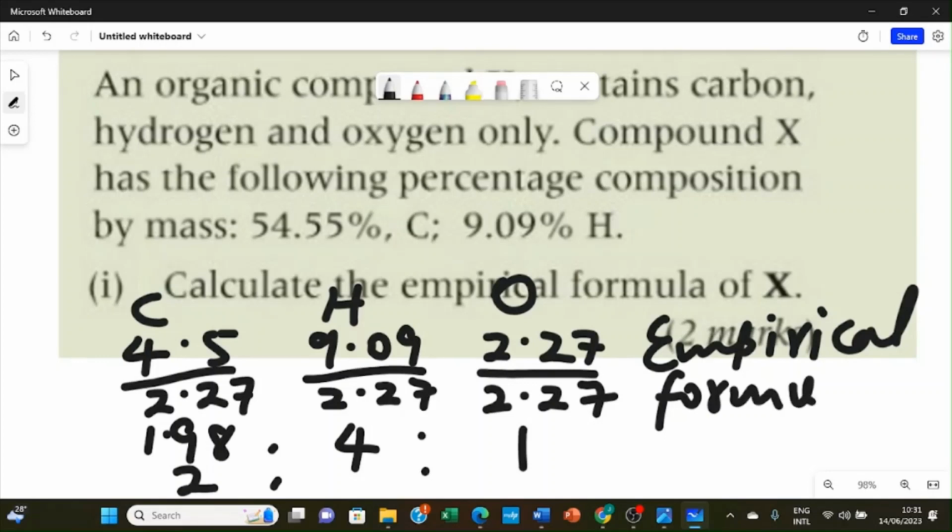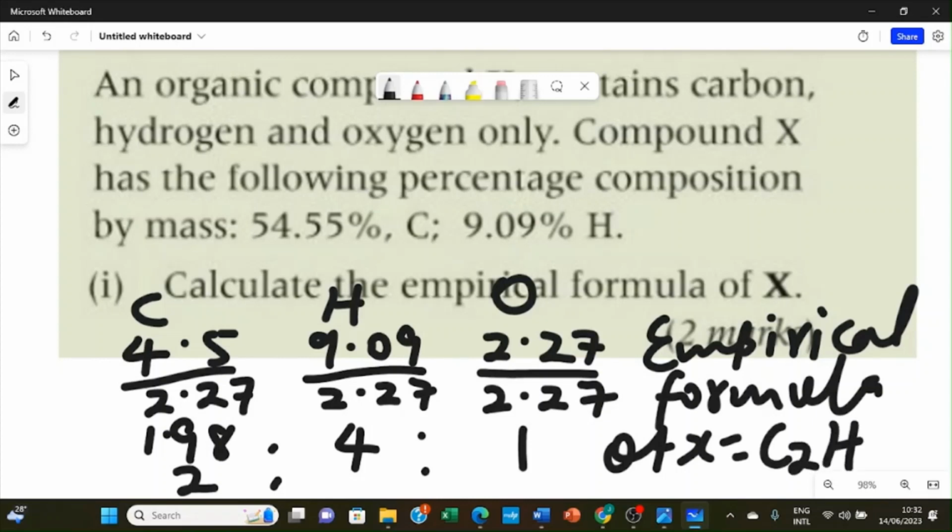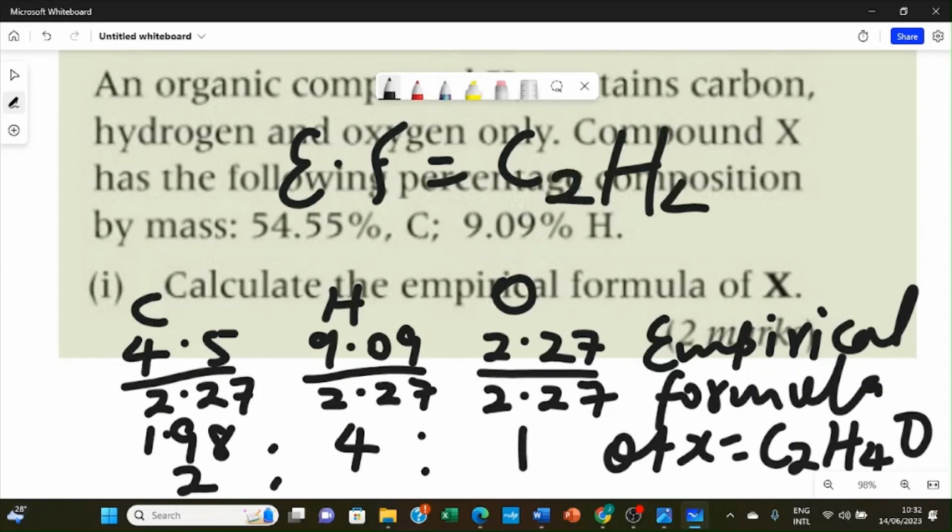So the empirical formula of X is equal to what? C2H4O. So you can see it's as simple as ABC.